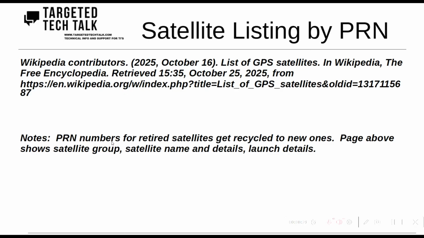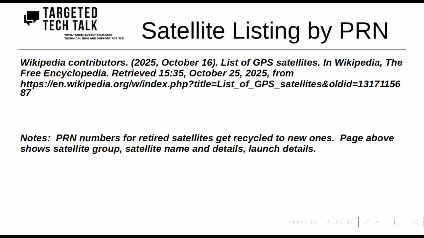The only gotcha in analyzing that page is that it will list retired satellites. When a satellite gets retired, they recycle the PRN number, so the unique ID goes to a new satellite. So if you look up your PRN and you see it's retired, just keep scrolling. There's going to be an active one further in the page.